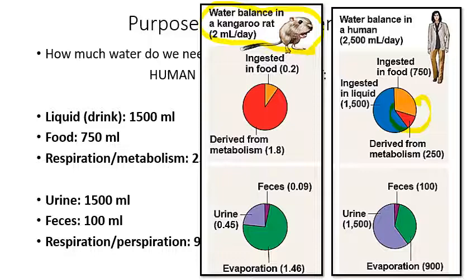The kangaroo rat never sees drinkable water. The kangaroo rat gets a little bit of moisture through the seeds that it eats, and maybe it chews on a cactus a little bit, but it gets most of its water budget just from breathing. It never actually sees water that it can drink. So that's kind of an interesting thing.